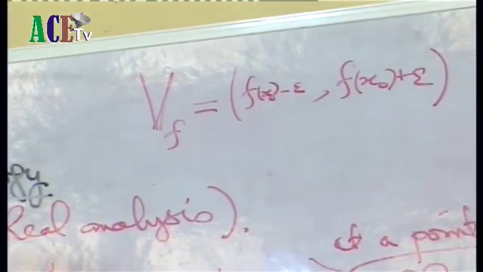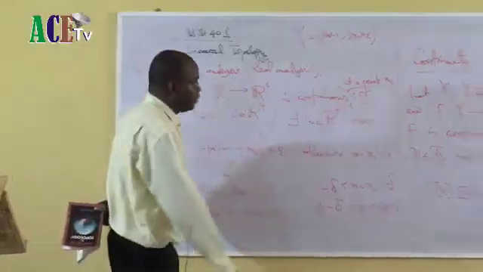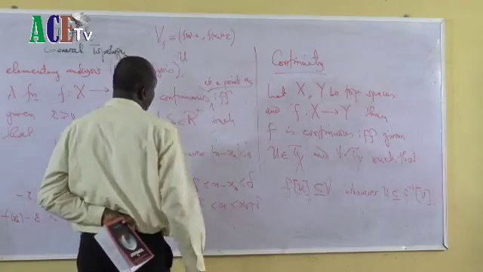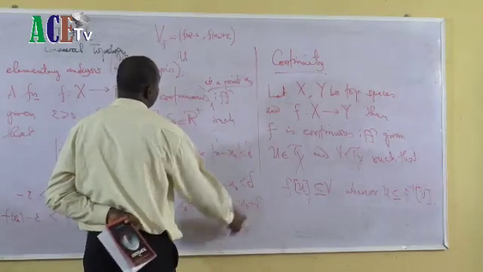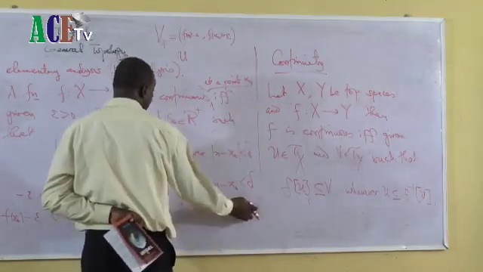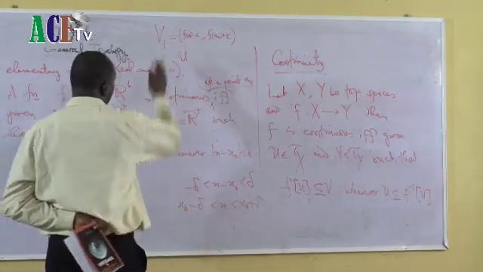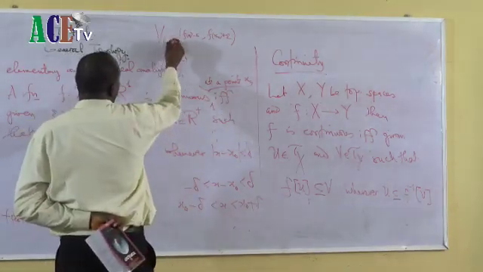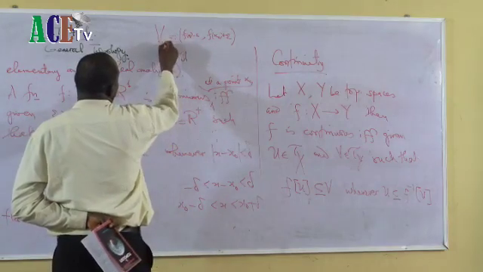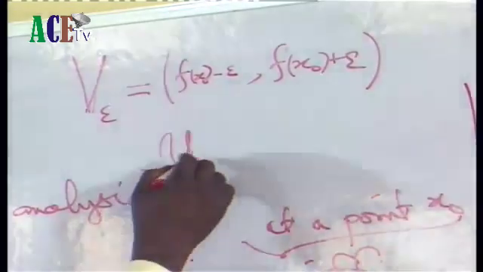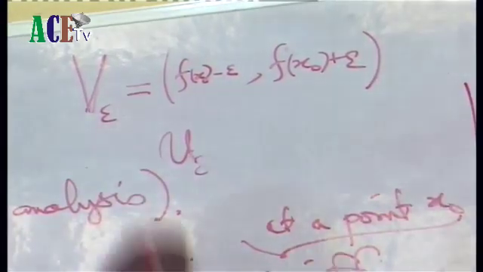And then I can also call this one the delta neighborhood of x. So I call this one the epsilon neighborhood of f, and this one the delta neighborhood of x.